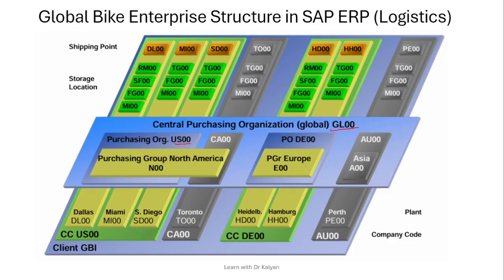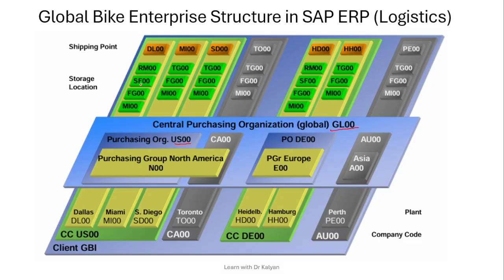I have already told you what a storage location is. For the Dallas plant, there are 4 different storage locations: RM00, SF00, FG00, MI00. What is their job? Say, for example, the storage location RM00 inside the Dallas plant will store only raw materials.